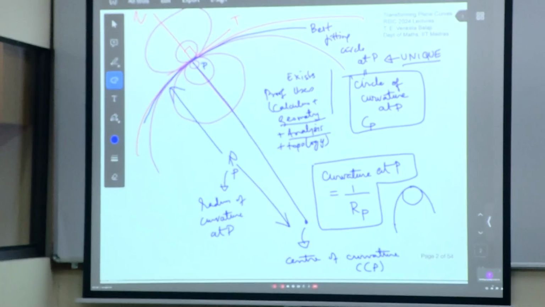It uses calculus, it uses analysis, it uses topology. What is analysis? Analysis has got to do with limiting processes. So, for example, whenever you take a limit, you are in the situation of analysis. For example, calculus is coming from analysis because when you do derivatives, you are taking limits of difference quotients, and therefore it is a limit.